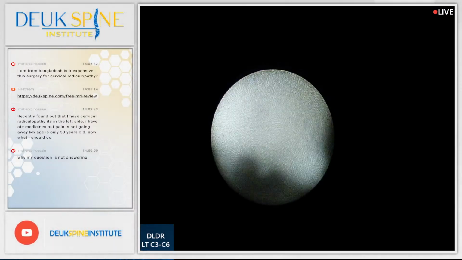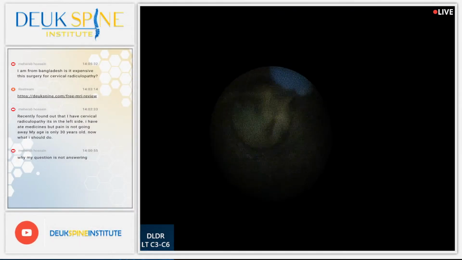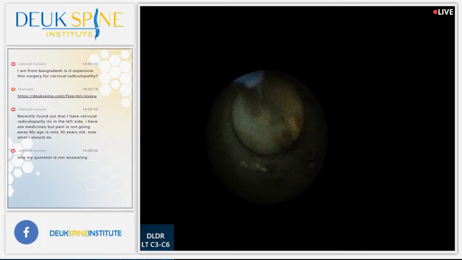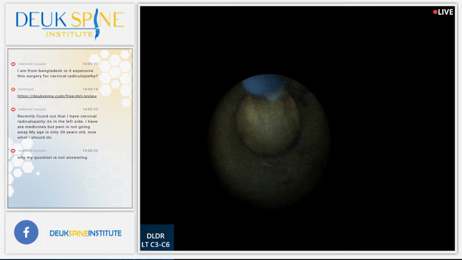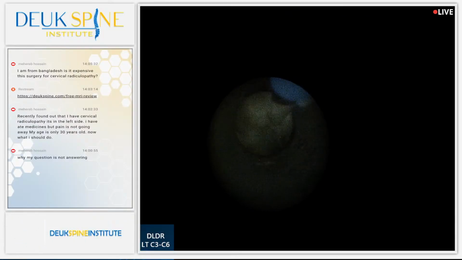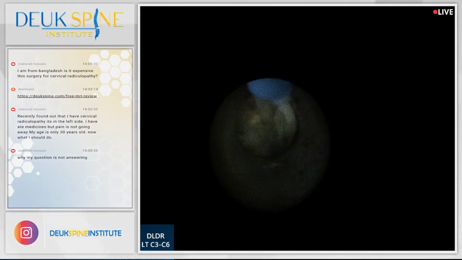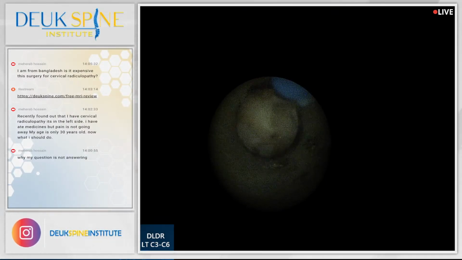There's not much left. This is a little bone spur right here. A lot of scar tissue right there. I think we're pretty much done. Take one more look here.